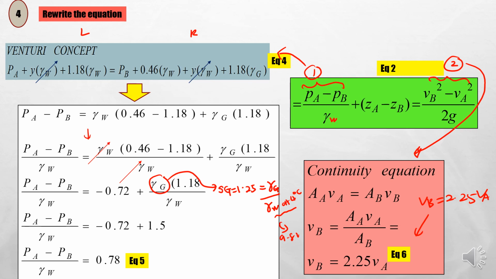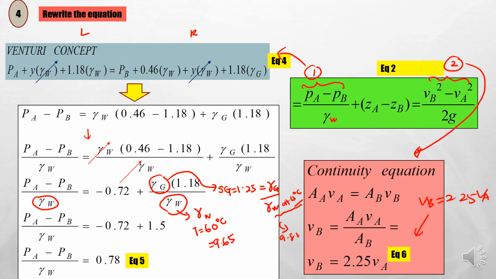Another thing is you have to be careful with this γ_W here, in which it refers to the specific weight of the water in the system, not at 4 degrees C. So according to the question, the γ_W here should refer to the specific weight of the water at a temperature of 60 degrees C, which is actually 9.65.